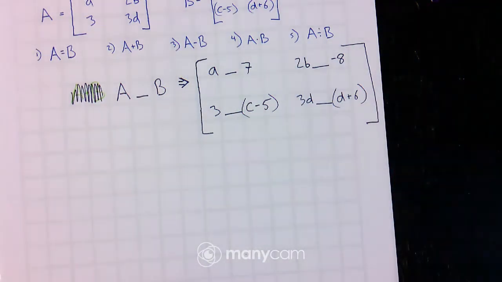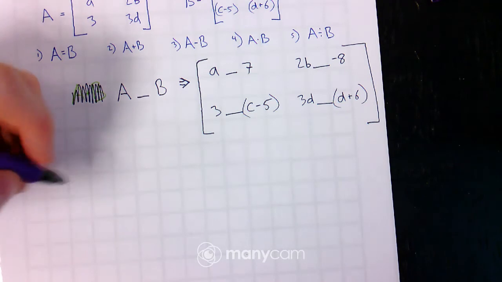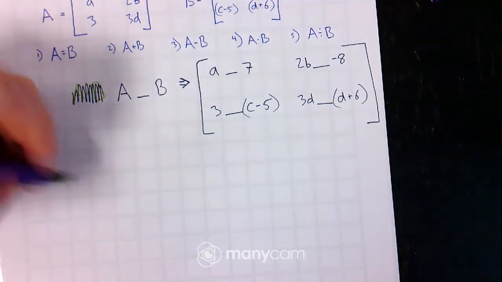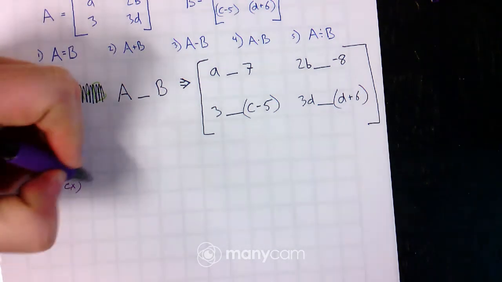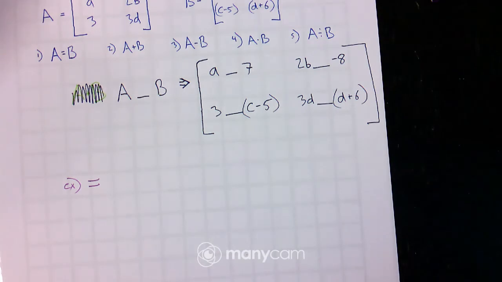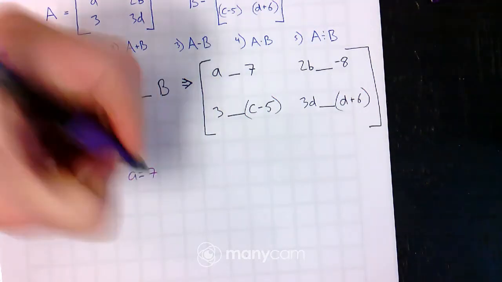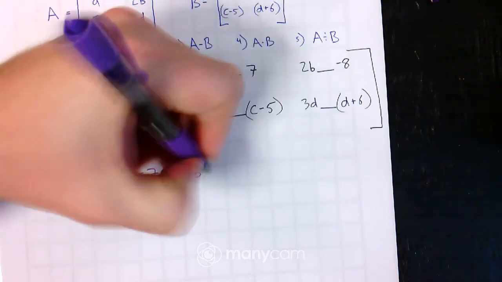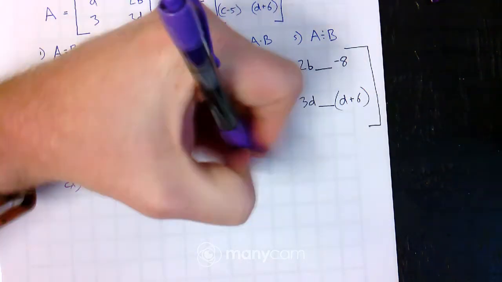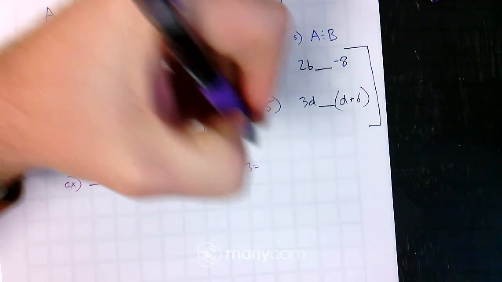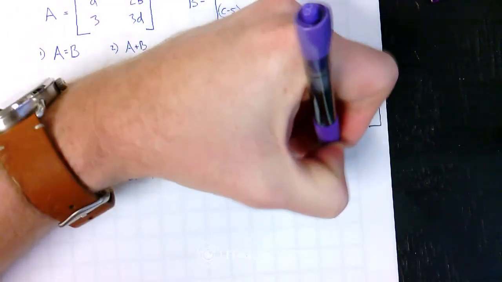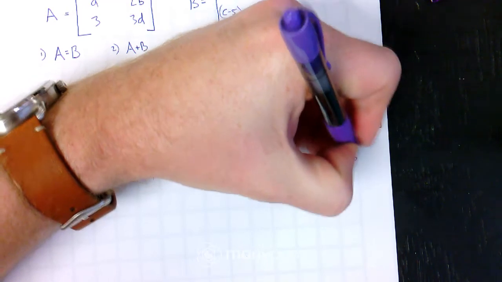So now that we're done with that, go back to your note paper. You're taking notes. If you get in a situation, for example 1, we're going to do what if it's equal. So I would take a equals 7, 2b equals negative 8, 3 equals c minus 5, and 3d equals d plus 6.